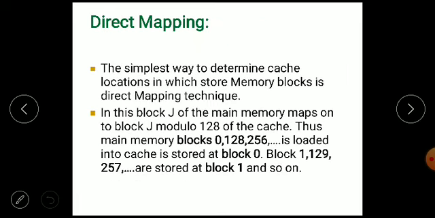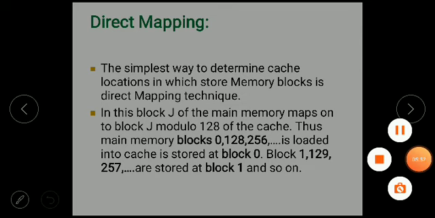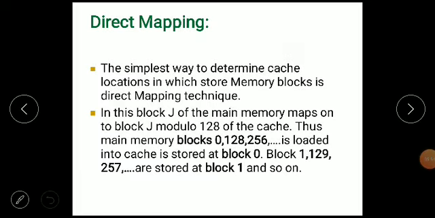First, let us see in brief about the direct mapping technique. The direct mapping technique is the simplest way to determine the cache locations in which to store the main memory blocks. I already told you that mapping means the method to copy or store blocks from the main memory into the cache memory.